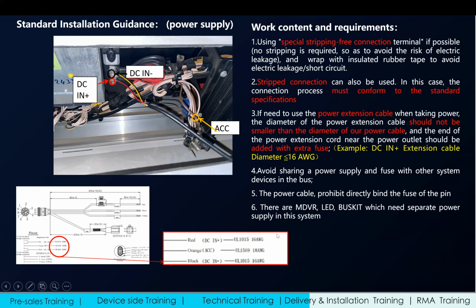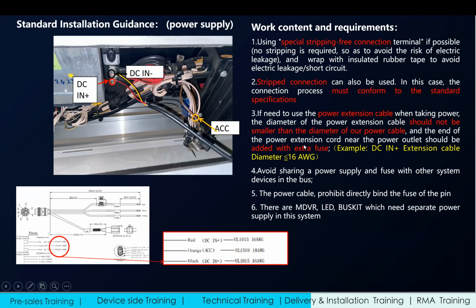But in the normal cases, for our device, when we supply the power cable, we only supply the original power cable, only around 30 centimeters. So in all cases, the installation team needs to prepare the external cable. When they prepare the external cable, they need to prepare a certified cable, and the size of the cable should be at least the same as our cable.